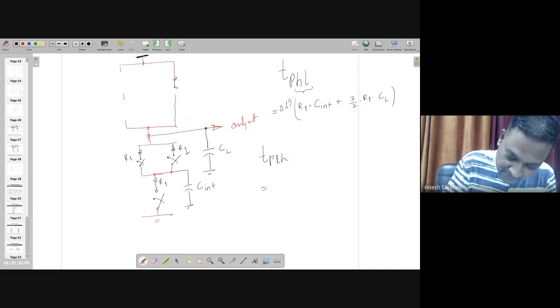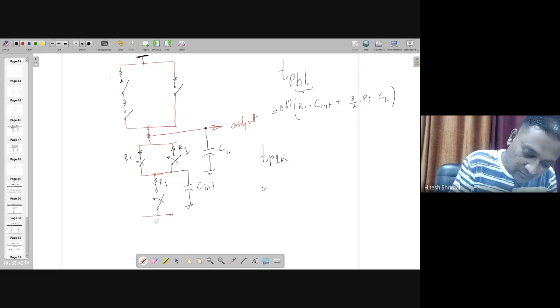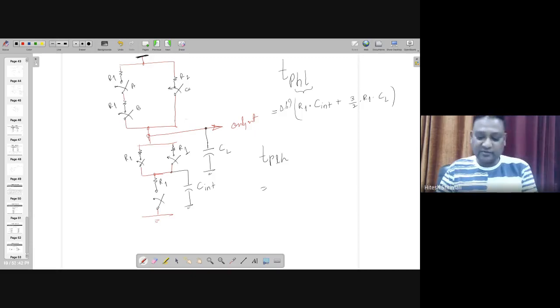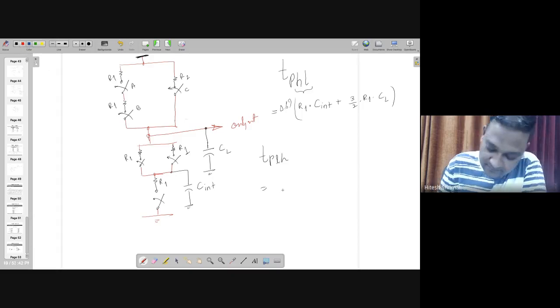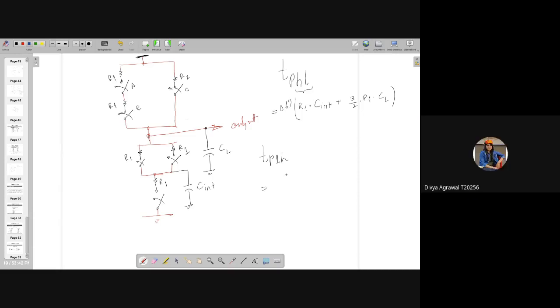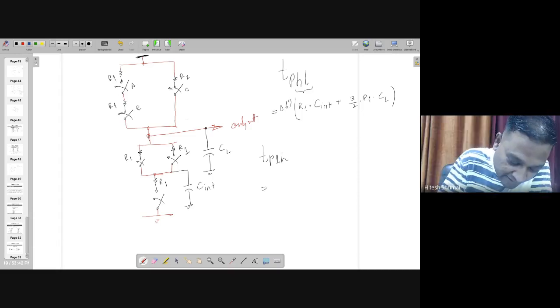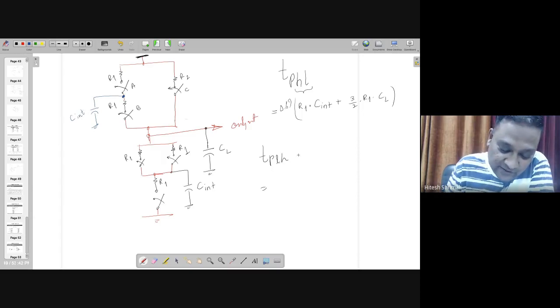So in that case, I'm calling this one also R1, and these are A, B, and C. Now somebody can help me write down TPLH. 2R1 parallel to R2. Okay, one more thing, I forgot to add one more capacitor because it's a floating node, which is actually C internal, or some capacitance will be there.